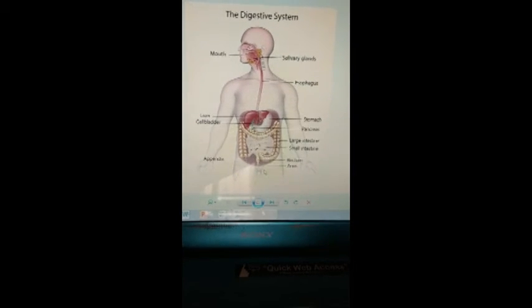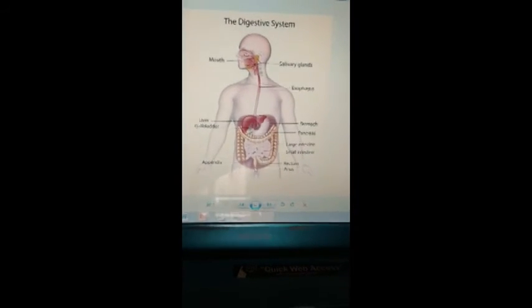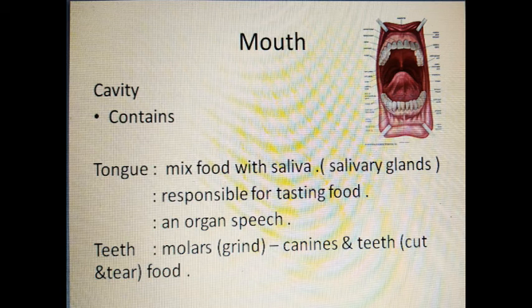And actually it ends with the anus. So the digestive canal consists of mouth, pharynx, esophagus, stomach, small intestine, large intestine. And the digestive canal supplementaries consist of salivary glands, liver, pancreas.